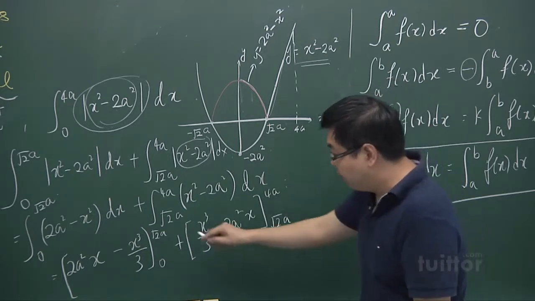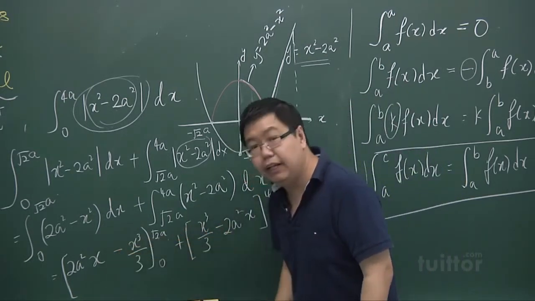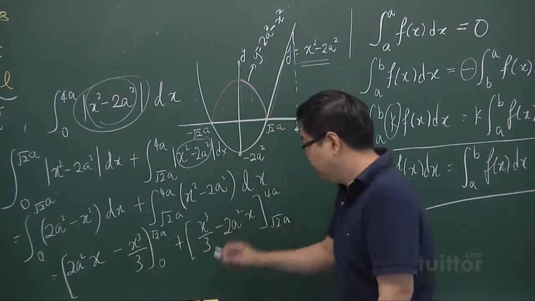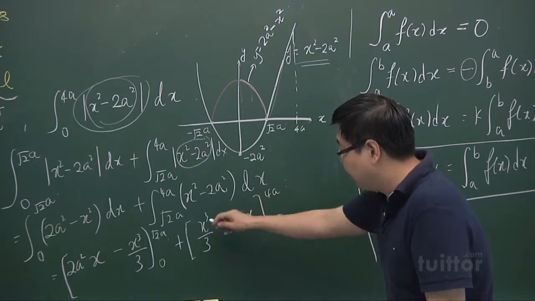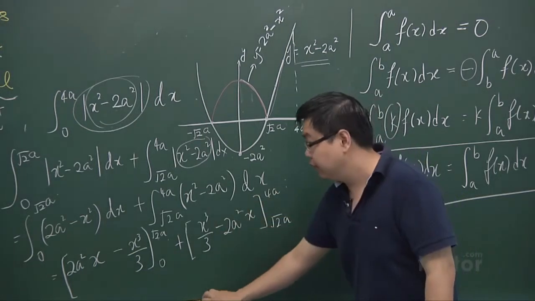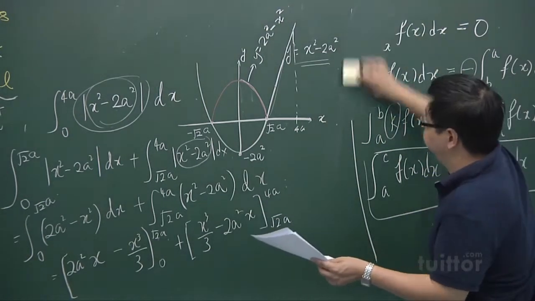Then you put in root 2a into the x values, minus you put 0 inside the x values. Likewise over here, you put 4a into x values, minus you put root 2a into the x values. So what will we get?